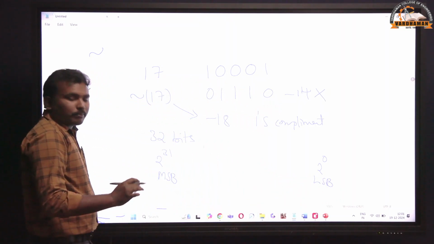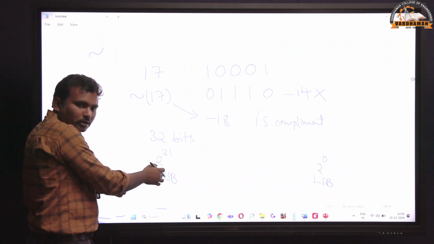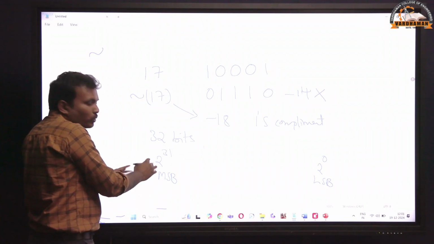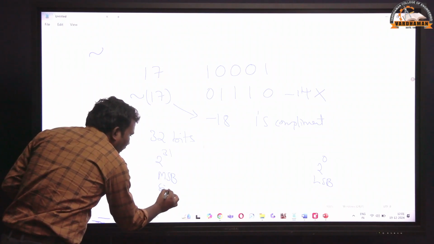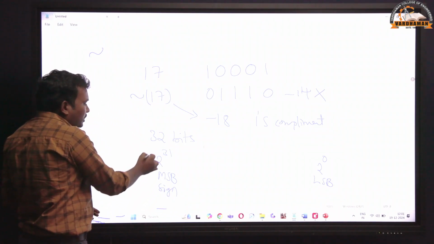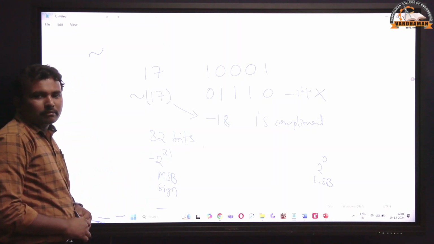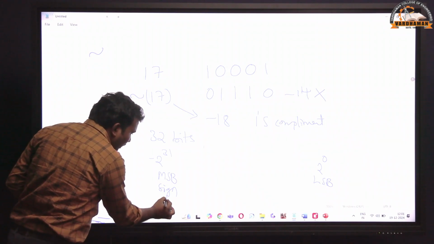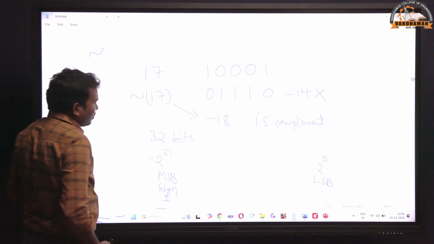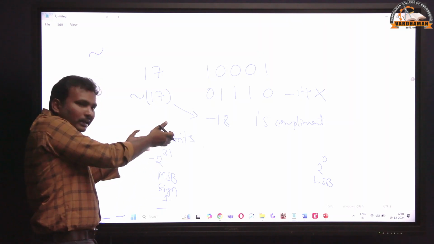Now, please remember the value of the most significant bit: as we discussed, 2 power 31, but in reality it is a sign bit and the value is not 2 power 31, it's minus 2 power 31. So when you have a set bit there, that is 1, that means you are including minus 2 power 31.